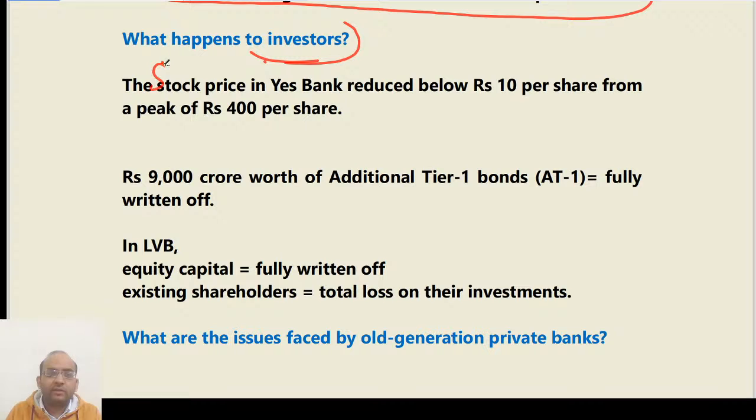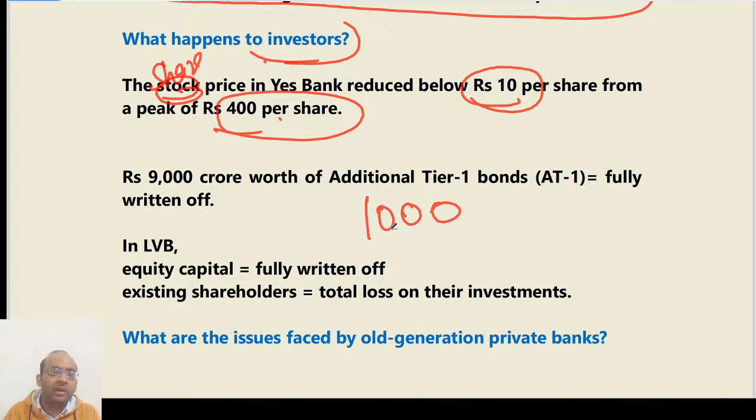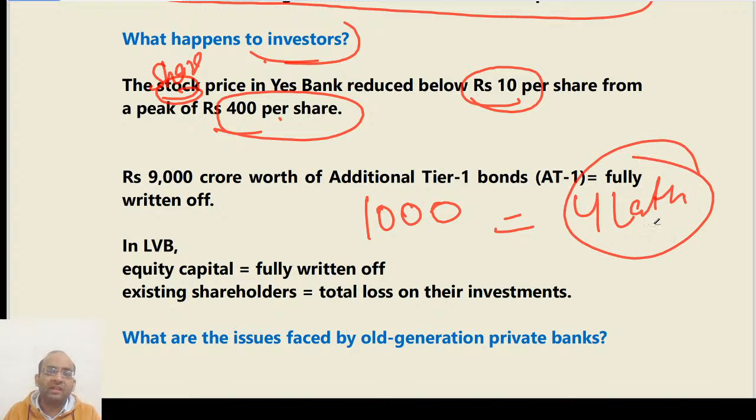So now what happens to investors? The share price, the stock means share. When Yes Bank failed, it reduced to just 10 rupees from a peak of 400. Suppose you have 1000 shares. 400 into 1000, you have 4 lakh worth of Yes Bank shares. You can sell it in the market and get back rupees 4 lakh.